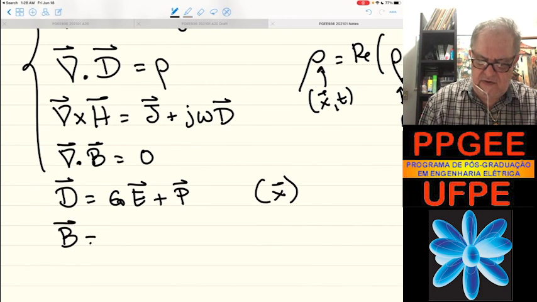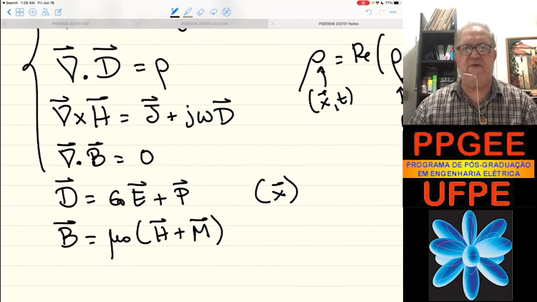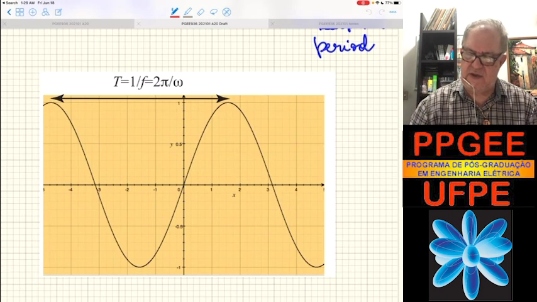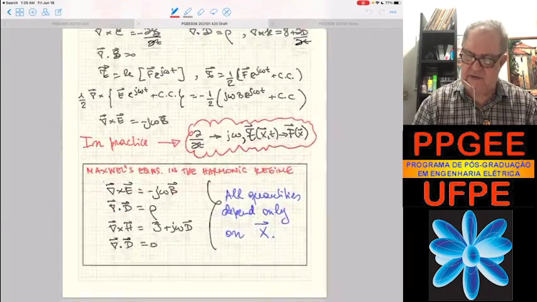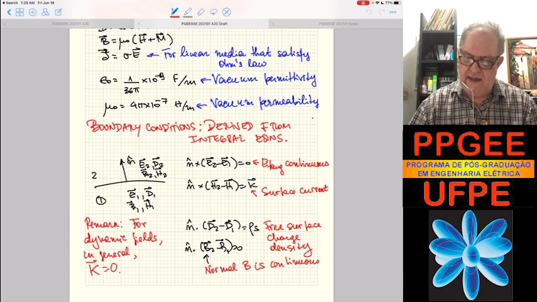B equals mu 0 H plus M, and whatever relation we have for J and E, if we have. And also, we can conclude by showing you the boundary conditions. It's a straightforward extension, the same thing that we had before.